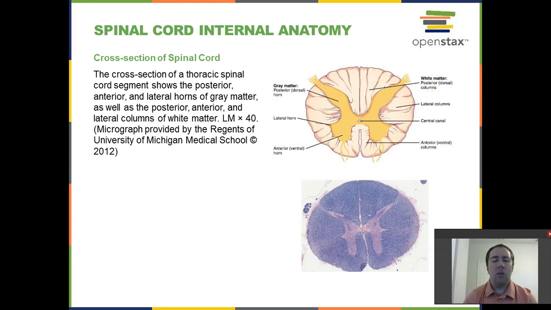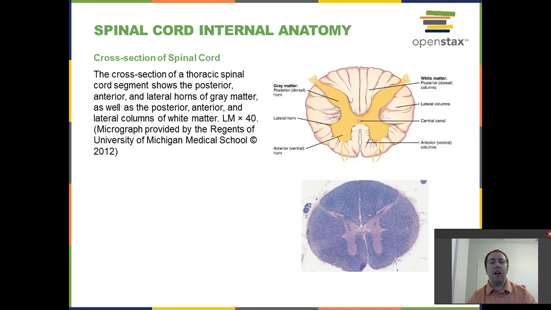The lateral horns are more subtle. They are this little bump coming off the anterior horn. They look like just part of the anterior horn, because there are other bumps on the anterior horn that don't have their own special name.